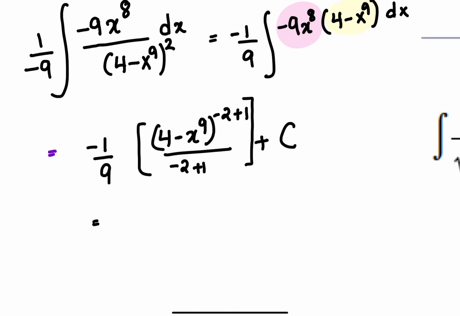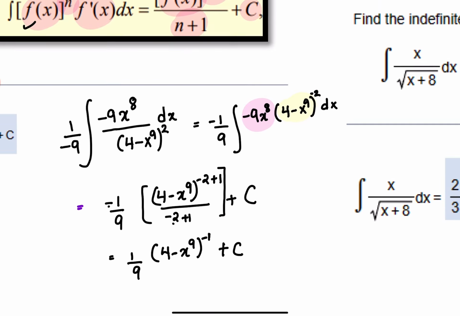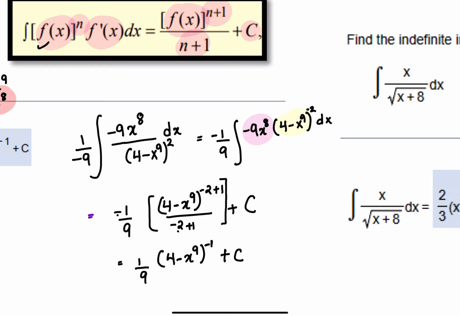And that is, negative 2 plus 1 is negative 1. This negative becomes a positive. 1/9 times 4 minus x to the power 9, to the power negative 2 plus 1, which is negative 1, plus c. And that is going to be your final answer. So knowing what you're looking in the formula is very important.